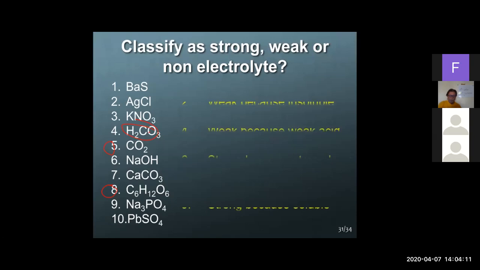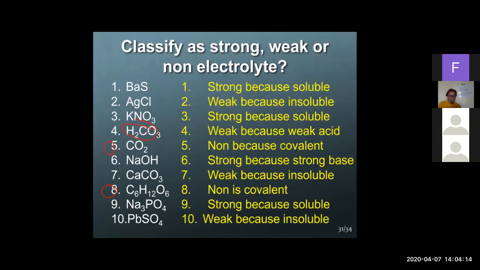Now, if you go look at the solubility rules for number 1, barium sulfide, you will find it to be soluble. Therefore, barium sulfide is a strong electrolyte based on the solubility rules.